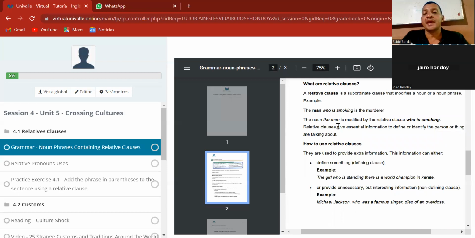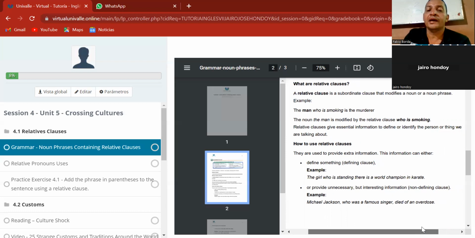The noun "the man" is modified by the relative clause "who is smoking." Relative clauses give essential information to define or identify the person or things we are talking about.